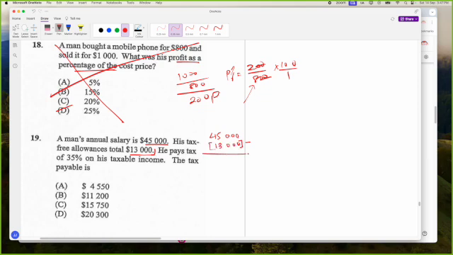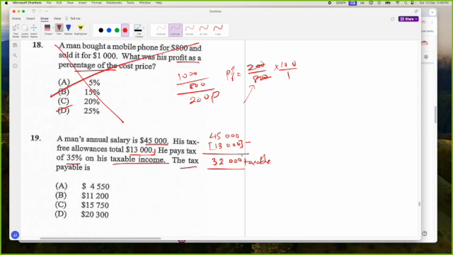So how much will he actually be taxed on? 32, so this is the taxable income, right? He pays tax of 30. What? This man living in Sweden or what? Anyways, in Trinidad it is 30%. He pays tax of 35% on his taxable income, the tax payable.